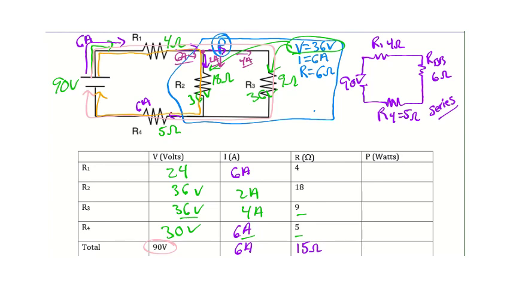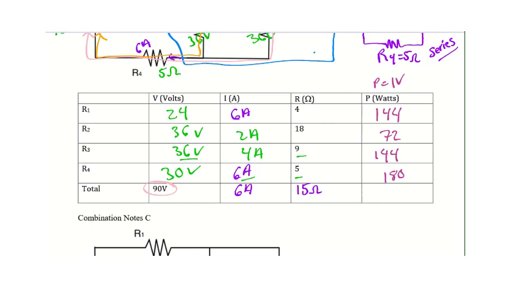So we're doing this correctly, but let's just go ahead and do the power check to be sure. Recall P is equal to IV. So go ahead and fill that out. As you can see, I have now filled out the power column. And when I add them up, I get a total of 540 watts. And recall we have our power check.